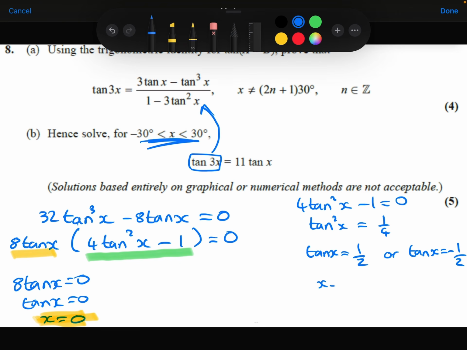If I now do tan inverse of a half, I get 26.6. If I do tan inverse of minus 1/2, I get minus 26.6. Anyway, these are my three answers: 0, 26.6 and minus 26.6. Those are the three answers between minus 30 and positive 30.